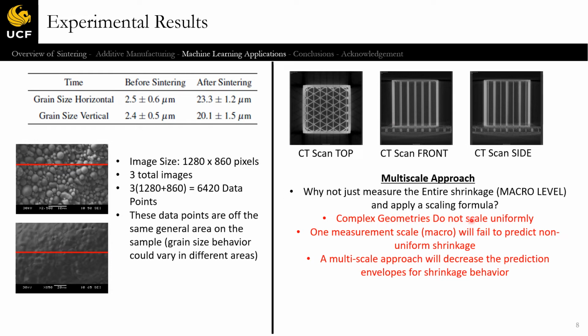Complex geometries do not scale uniformly. One measurement scale, which is a macro scale, will fail to predict non-uniform shrinkage. So a multi-scale approach would be better for decreasing the prediction envelopes for shrinkage behavior.